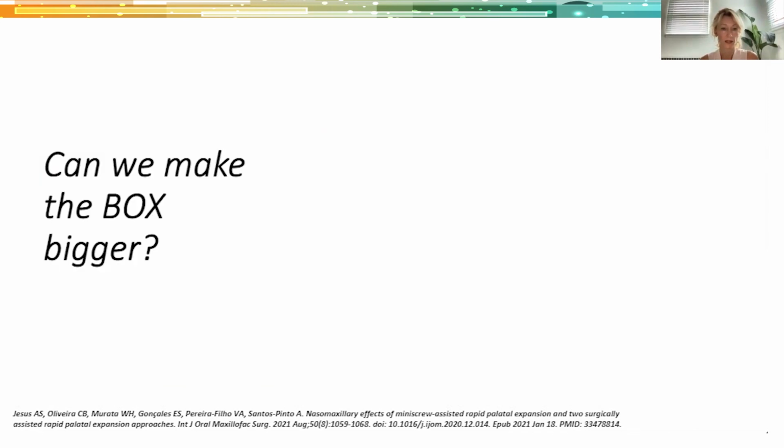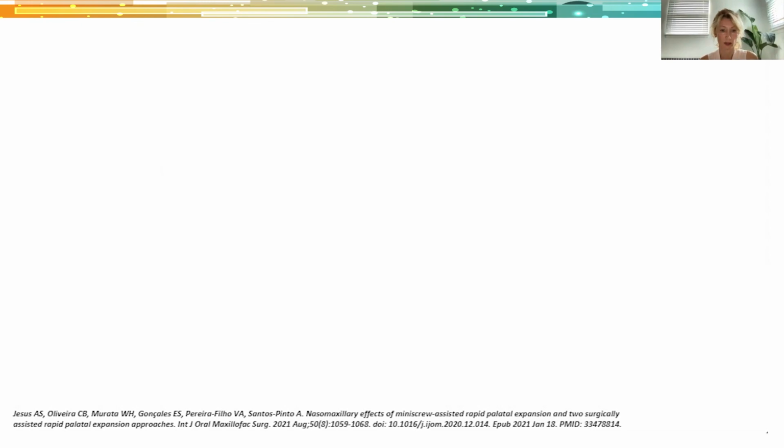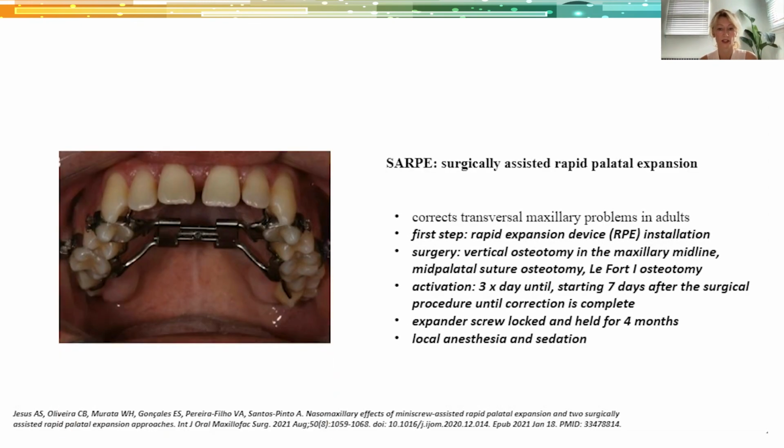Now, the other option is more surgical. It's the SARPE technique, the surgically assisted rapid palatal expansion. In this technique, there are no mini screws placed in the palate. It's a tooth-borne expander. However, there are cuts in the jaws, so we have a mid-palatal suture osteotomy and a Le Fort 1 osteotomy.